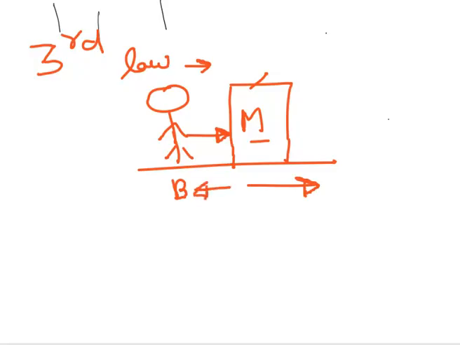The force on block M by the boy is F_MB, and this is the force on the boy by the block of mass M. These forces will be equal in magnitude, it is important, but in direction they are opposite.